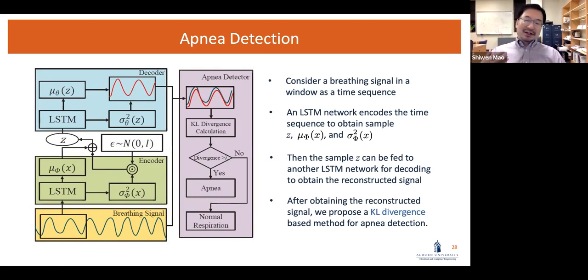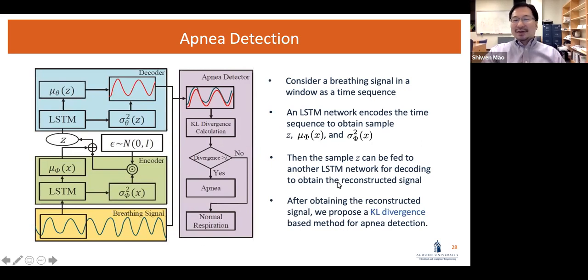The consequence is that if the input is a regular breathing signal, the output will look like a regular breathing signal, and the two signals will be very similar to each other. However, if the input is an apnea signal, the output will be very different, because the autoencoder is trained with normal breathing signals.